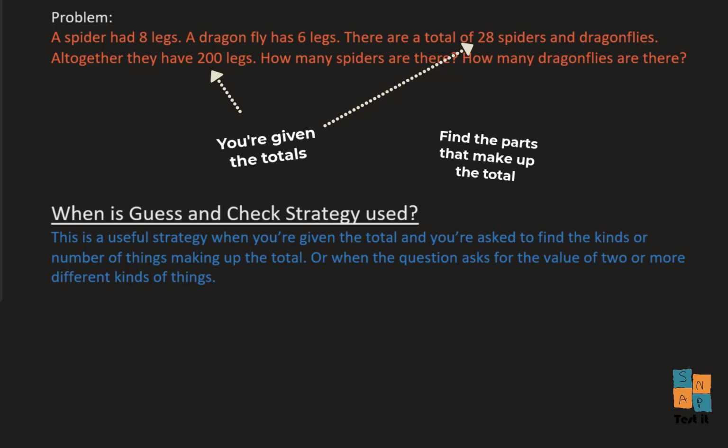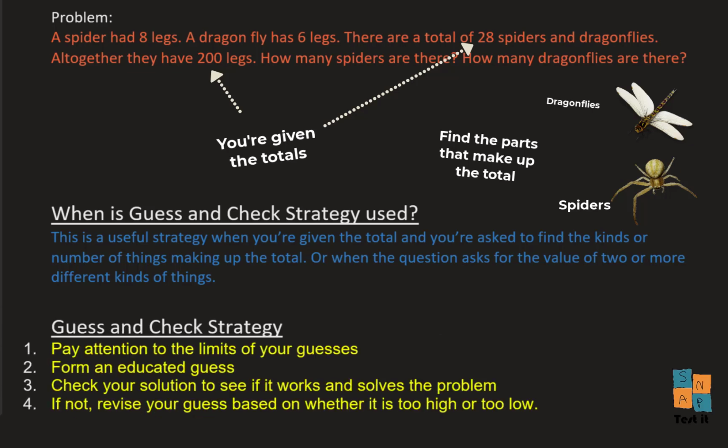Find the kinds of each thing that make up this total. So here, do you know what we're asked to find? That's right, we're asked to find the number of spiders and the number of dragonflies. Those are the two different things that make up this total of 28 and the total of 200 legs.